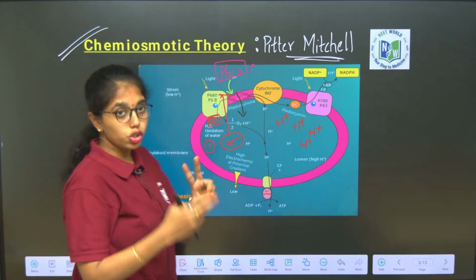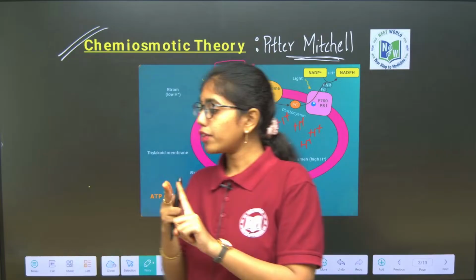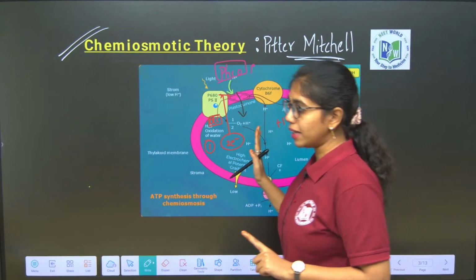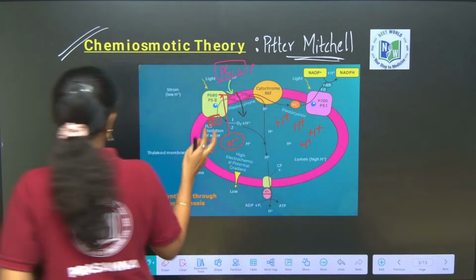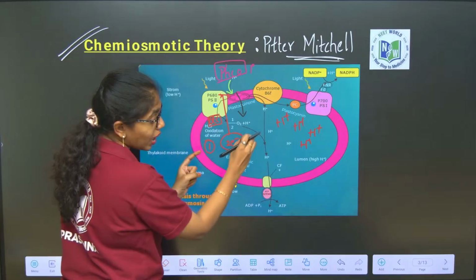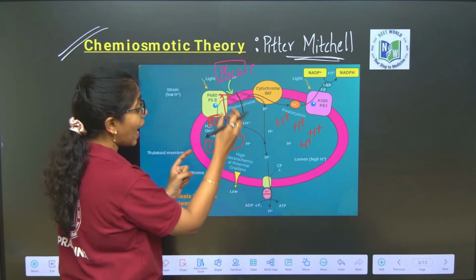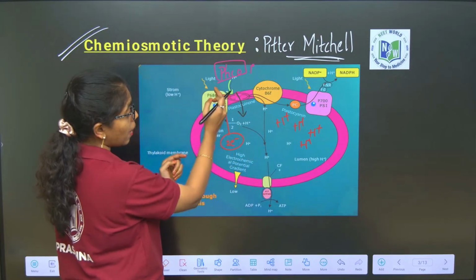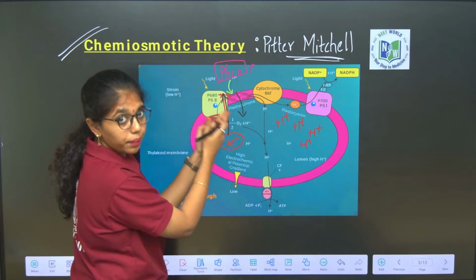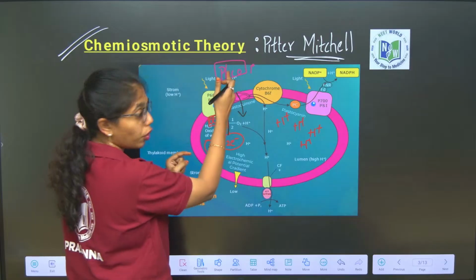So these 2 points are clear. After photolysis of water in the thylakoid lumen, protons get accumulated in the lumen and electrons are submitted to the primary electron acceptor, that is pheophytin.